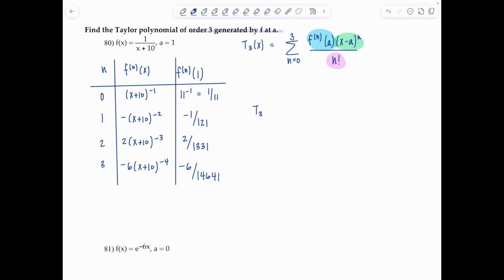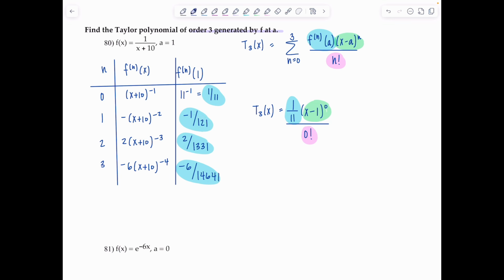So t sub 3 of x is equal to, this table gives me all of the blue parts, one part of each of the terms. So we're going to have 1 over 11, x minus a, which is 1 to the 0 over 0 factorial. This is for n equals 0. Here's this part, x minus a to the n factorial. Next term, negative 1 over 121.